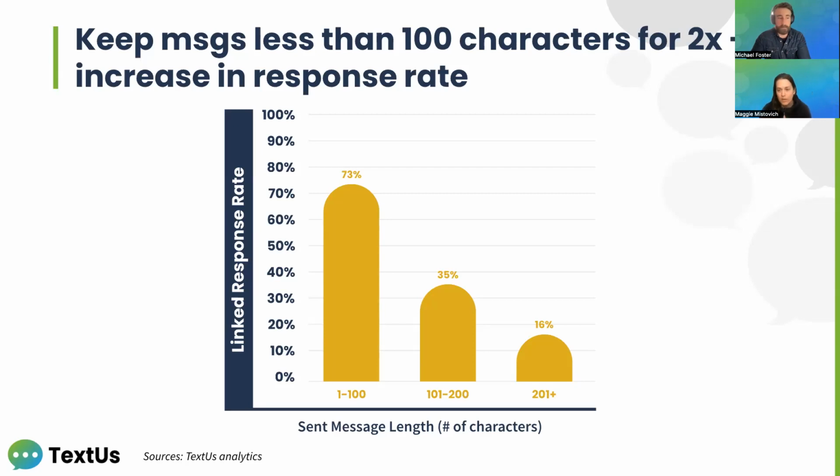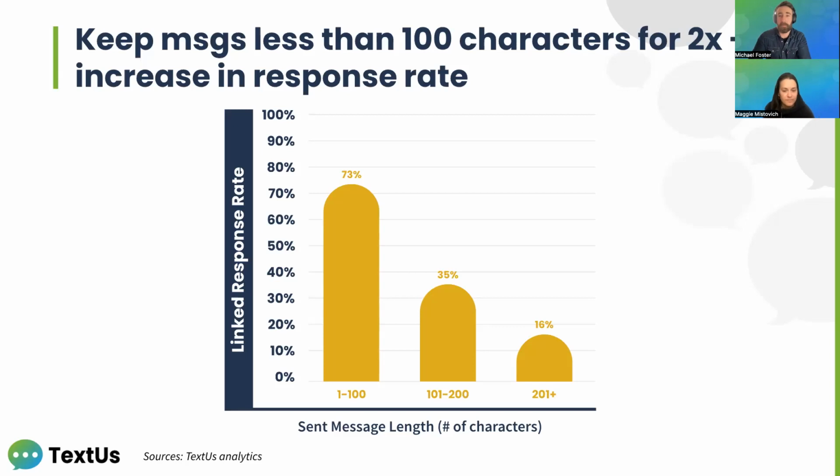Use it to support other mediums that may require longer, more detailed information. But if you're looking to get that response to ensure the deal is still moving forward, text is a great way to do that. Just keep it short, use it as a supplementary medium rather than trying to send all kinds of information in 500 characters.